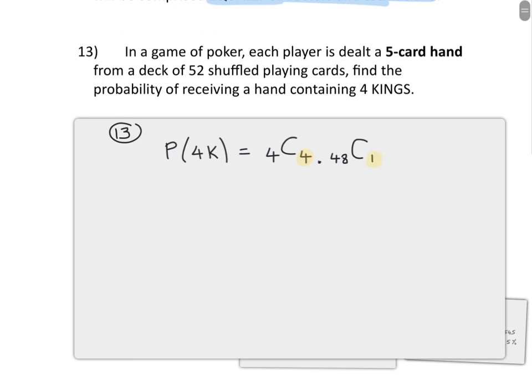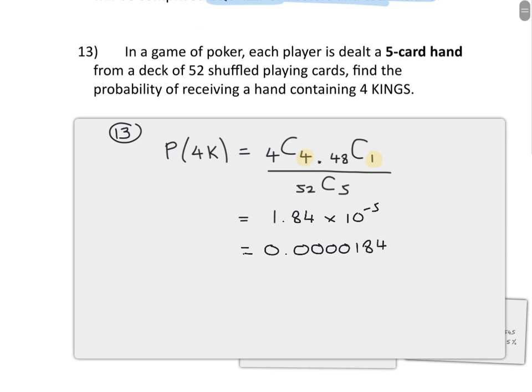And of course, probability has to be divided by something. Well, how many ways can we take 5 cards from 52 cards anyway? 52 choose 5. And the answer is 1.84 times 10 to the negative 5, which is going to be a bit of a pain in the neck writing out. So it's 0, 0, there's 5 zeros altogether, then 184.